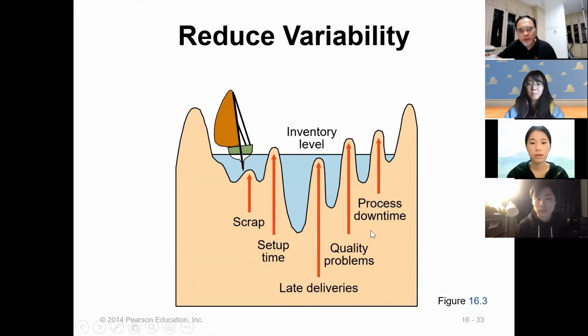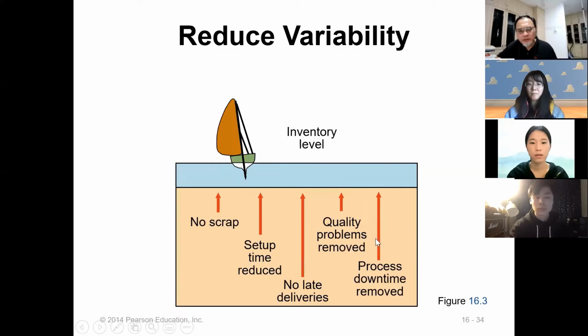If we reduce variability, problems will crop up, such as late deliveries, process time, and downtime, which can then be removed. So this is the concept of making the process lean, and also the value chain lean.